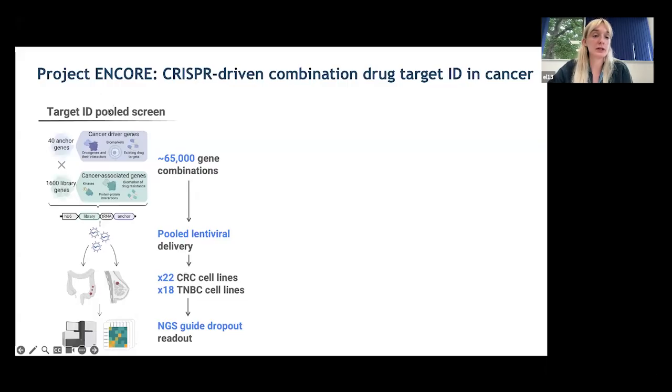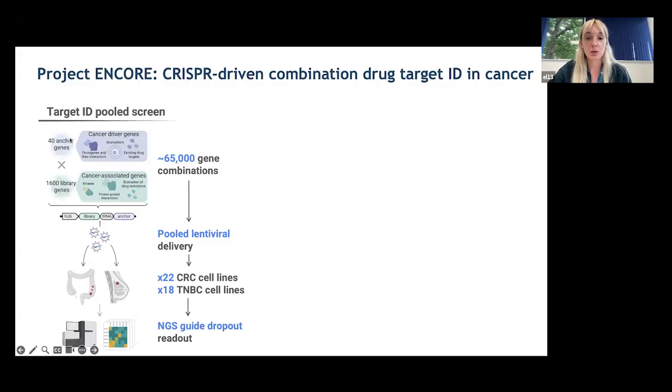And the library was designed to include 40 anchor genes, which are cancer driver genes, arrayed against 1,600 library genes, which are cancer-associated genes. And this brings the total number of dual guides to 65,000 different gene combinations.